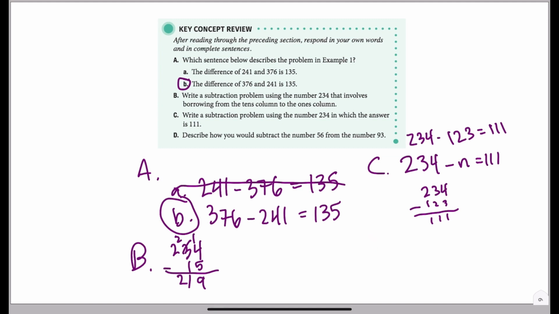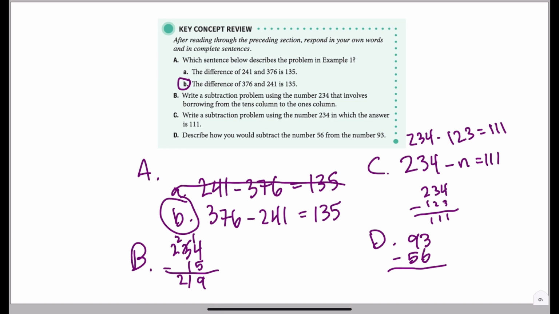Now, part D, last part. Describe how you would subtract the number 56 from the number 93. How are you going to subtract here?